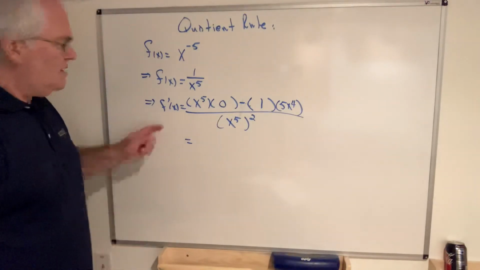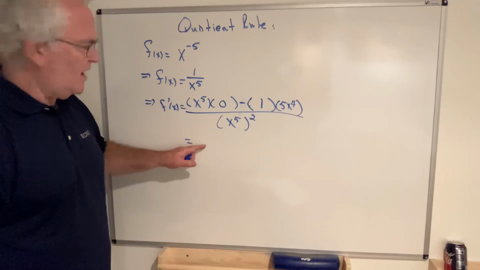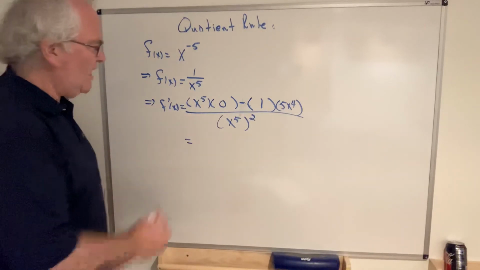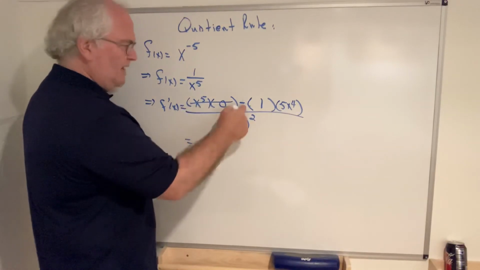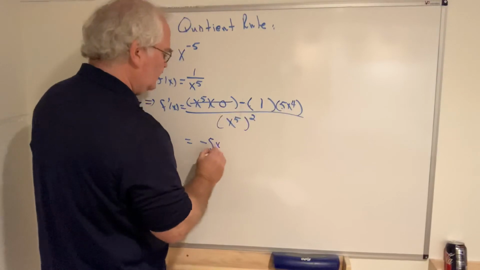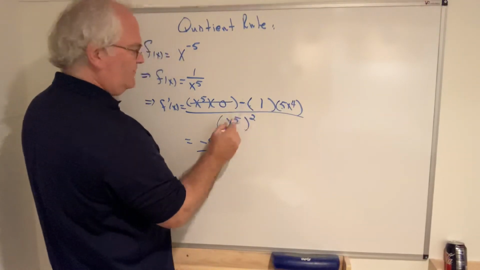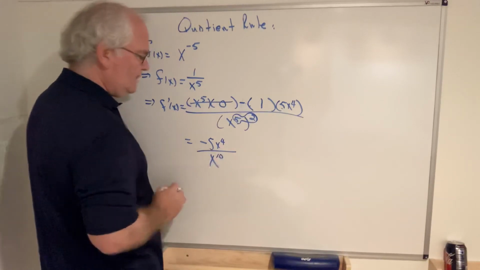Now, this time, because this is a special case, let's simplify this. First off, 0 times that falls out. So we're left with negative 5x to the 4th divided by, remember, a power to a power you multiply, this is x to the 10th.